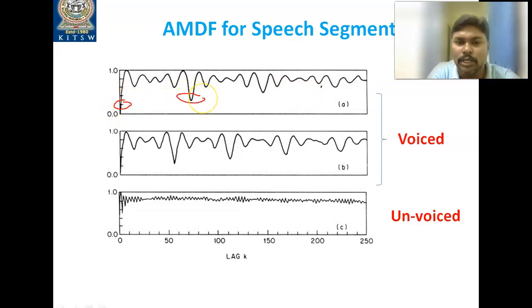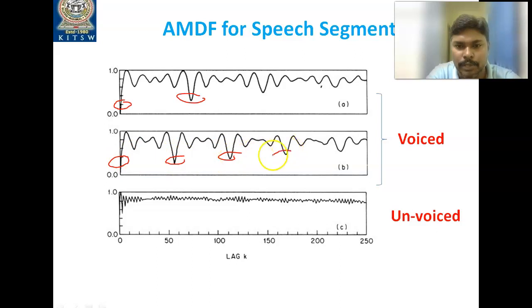In the case of the autocorrelation function, as I clearly mentioned in the previous slide, we have peaks, but when you see the magnitude difference function, we have valleys. That's all the difference. Similarly here also there is a deep valley, here a dip, and here also.